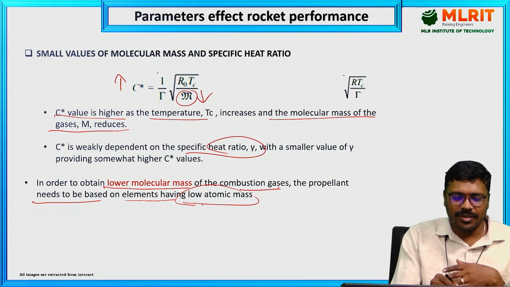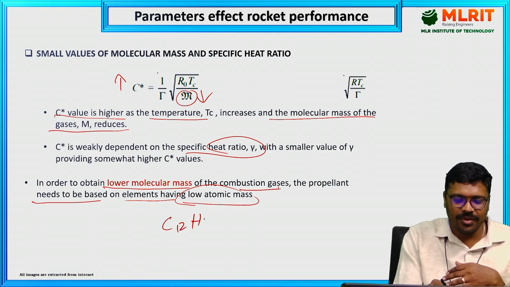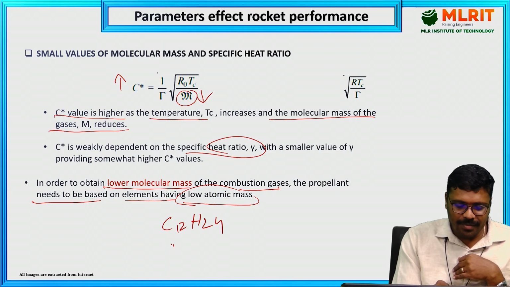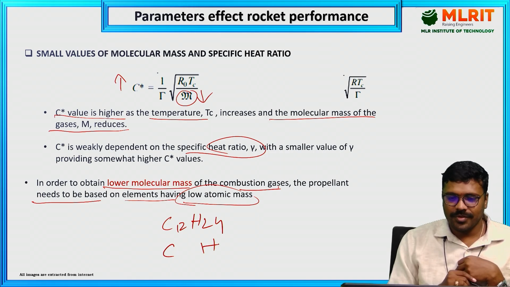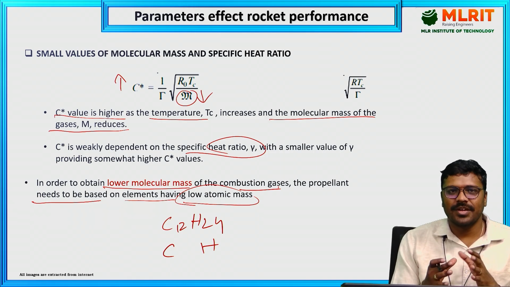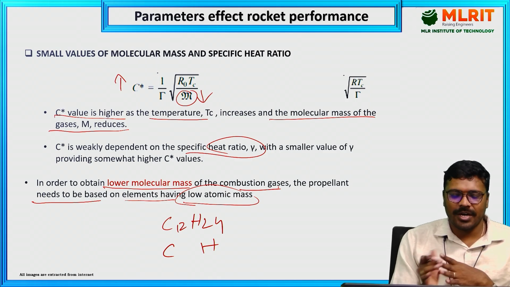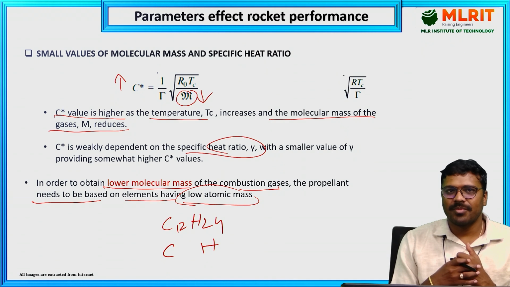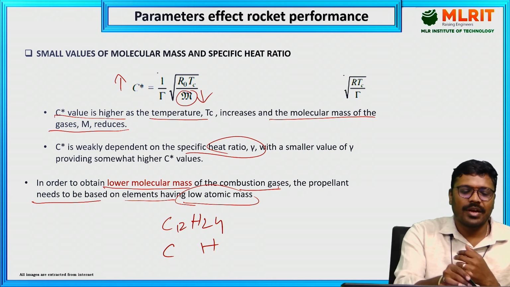Whatever the propellant, here we have taken C12H24, kerosene, with carbon and hydrogen. The elements of the propellant should have low atomic mass. Then automatically the molecular mass of the combustion products will be less, and you will get maximum C star.